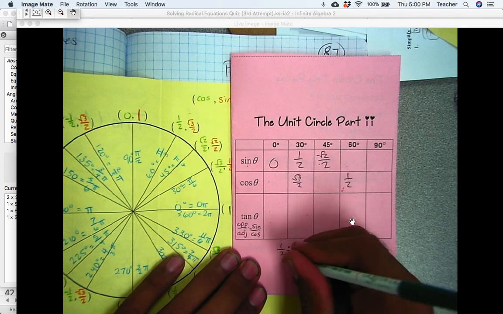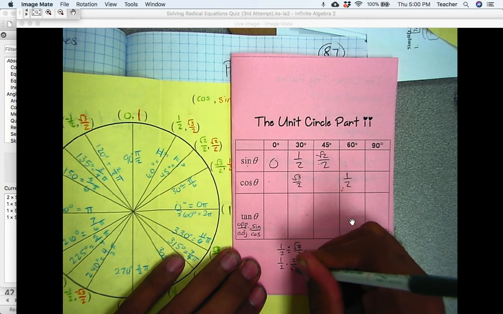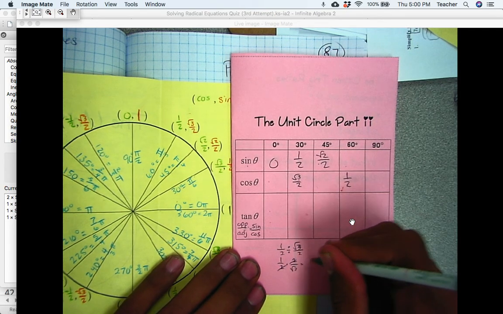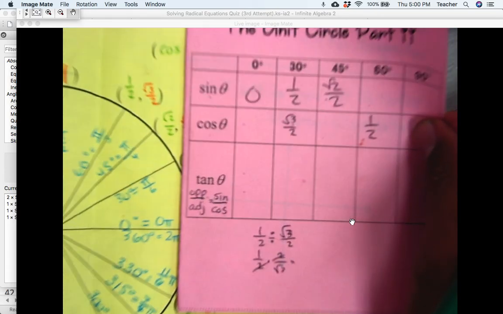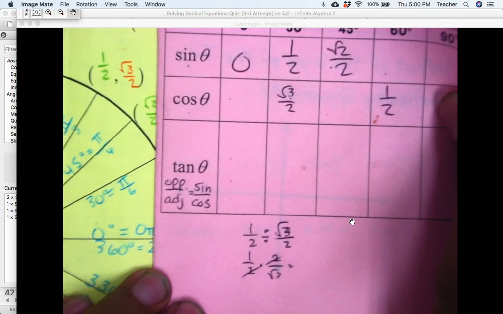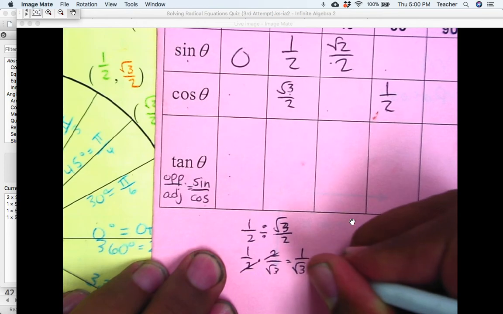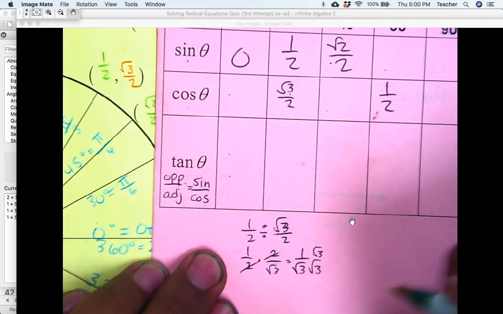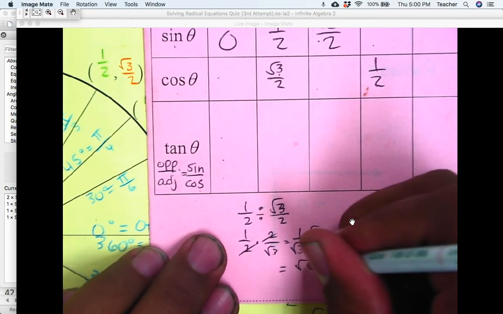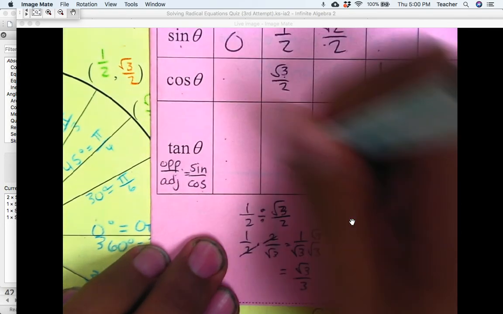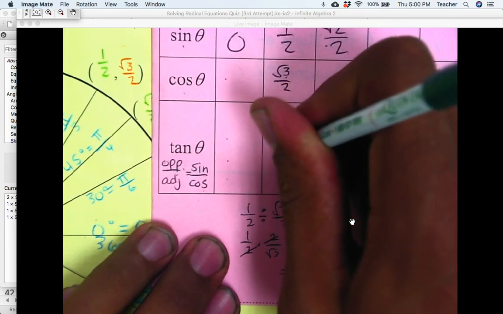I change that to multiplication by the reciprocal, and those cancel. Now let me zoom in a little bit so you guys can see this. That would be 1 over rad 3, but we don't want rad 3 down there, so we multiply by rad 3 top and bottom, and that becomes rad 3 over 3. So that is the tangent of 30 degrees.